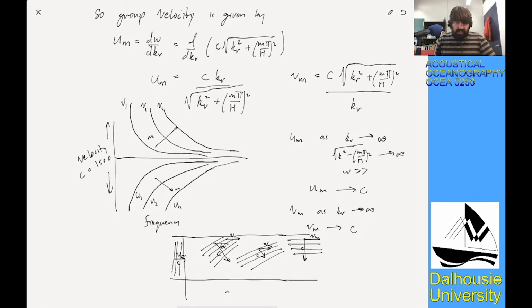So the interesting thing about the group velocity is that modes have characteristic speeds, right?